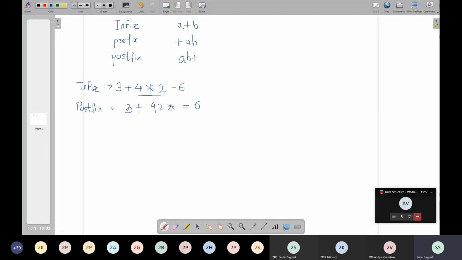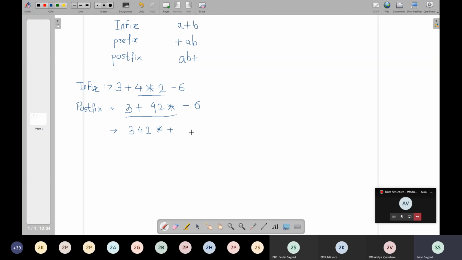Now we have addition and subtraction operators. Both have equal precedence. So which one will be resolved first? Left to right, so addition will be resolved first. For postfix, first 3 will be written, then this entire part, 4, 2, multiplication, and then we'll have the addition symbol.